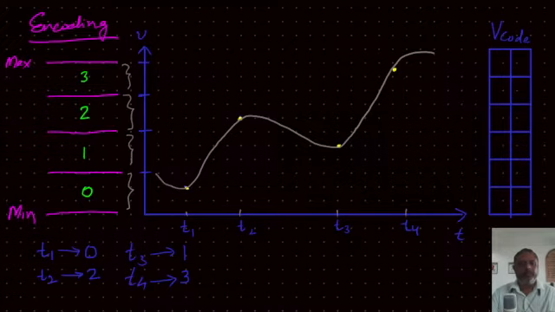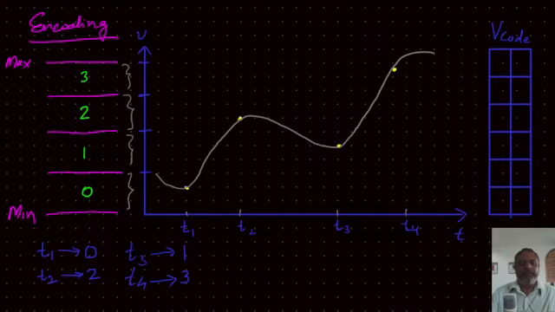So 0, 1, 2 and 3 are the sub levels in which this magnitude domain can be divided into, and when it comes to storing this information, usually we try to store this on a digital device, and a digital device, as you know, works in a binary system.